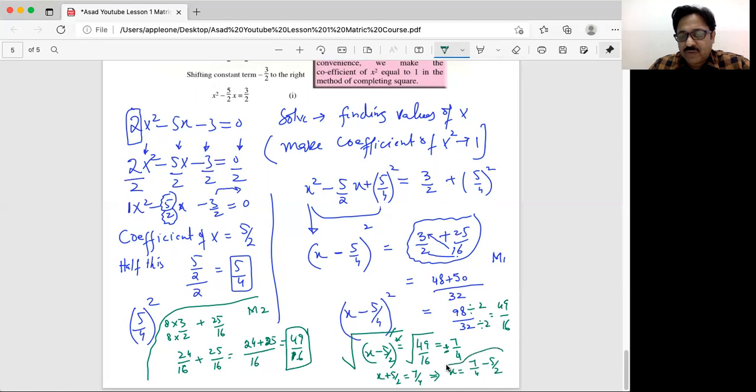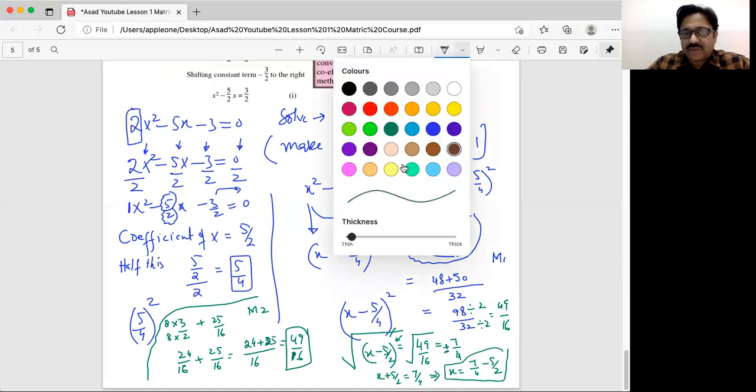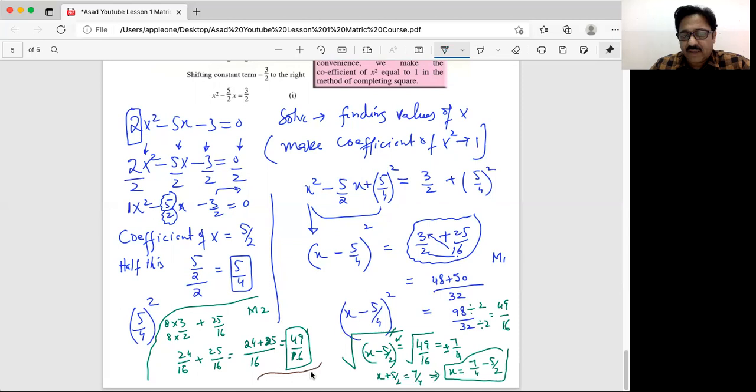Please do this with calculator and get the result here. That's one value. Second value, I'm using a different color. Second will be x plus 5/2 is equal to minus 7/4, sorry. Now please do this also with calculator and bring 5/2 to this side, so you get the result.